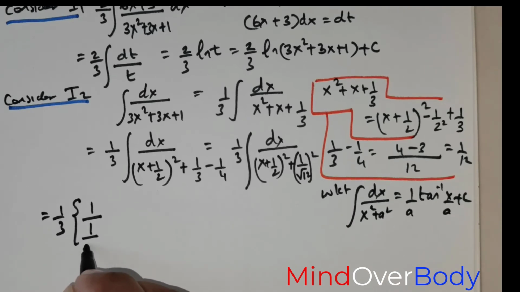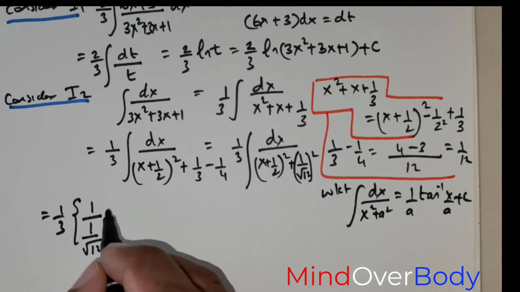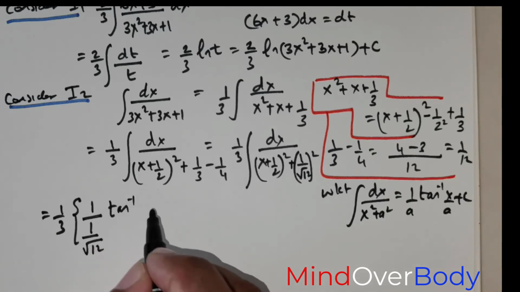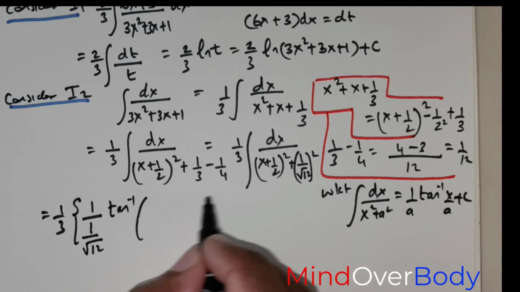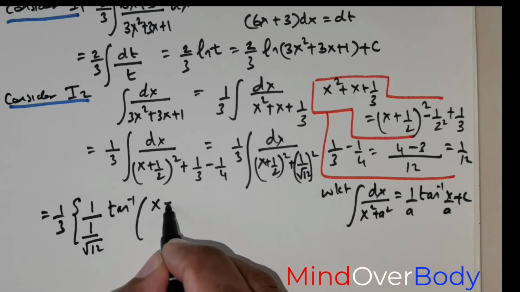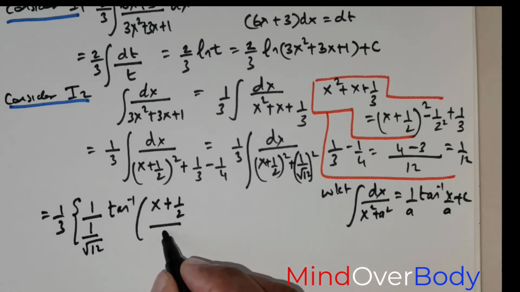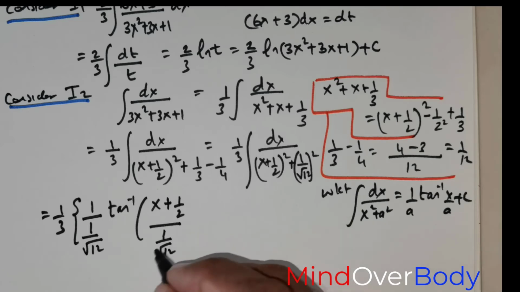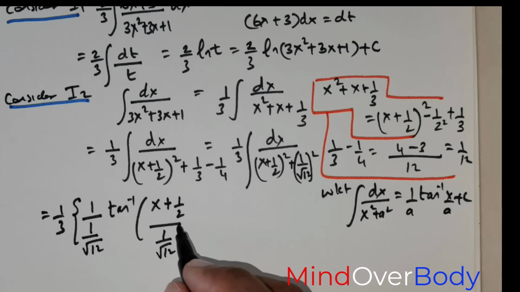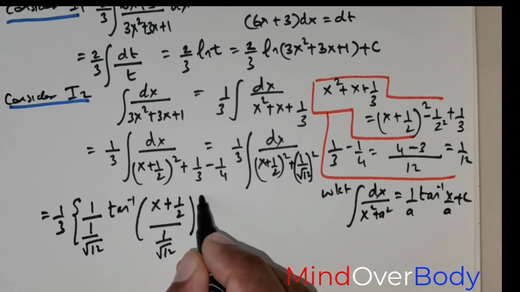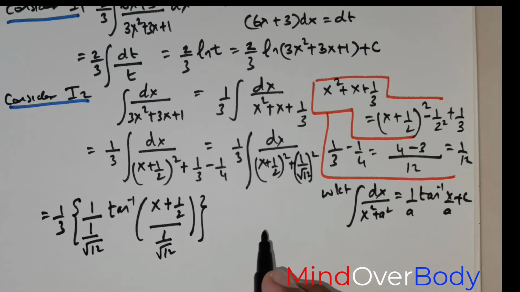Tan inverse of x plus 1 over 2, divided by root 12. So that's 1 over a. This can be simplified, and we need to do that simplification.